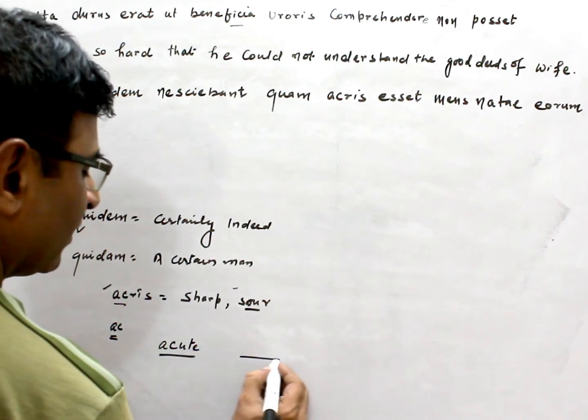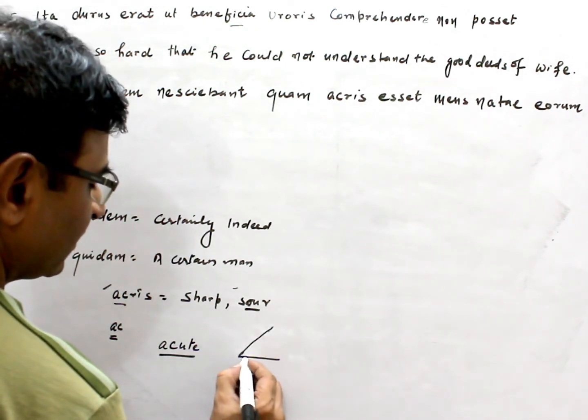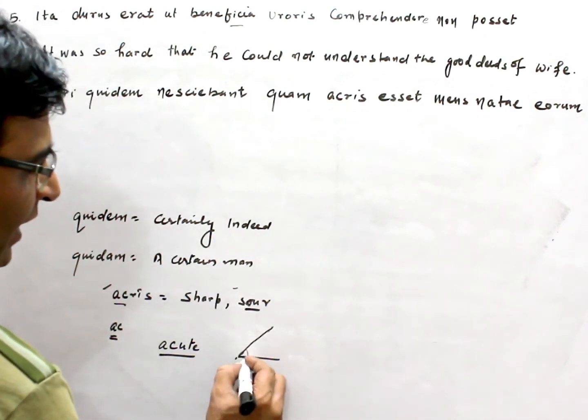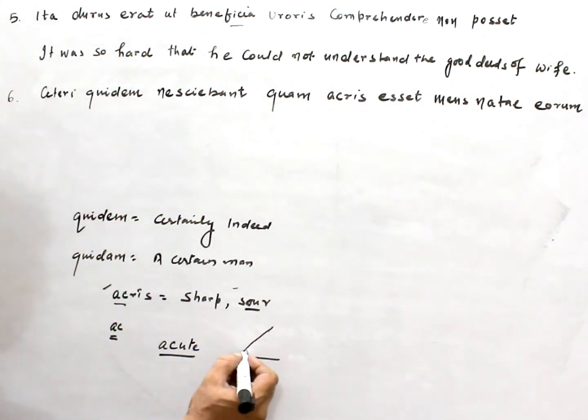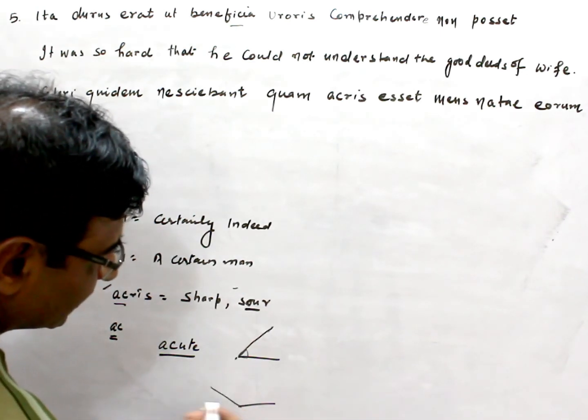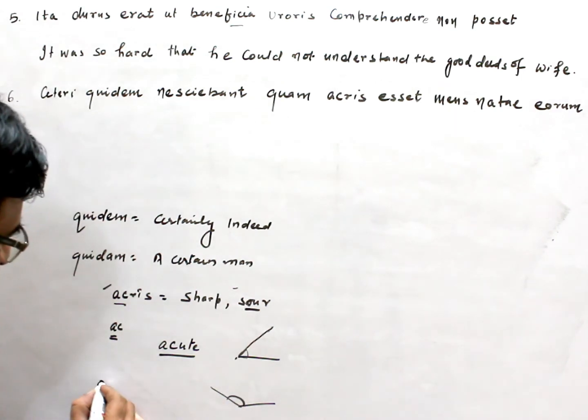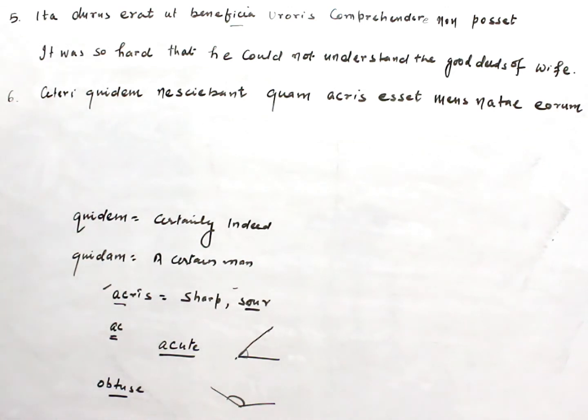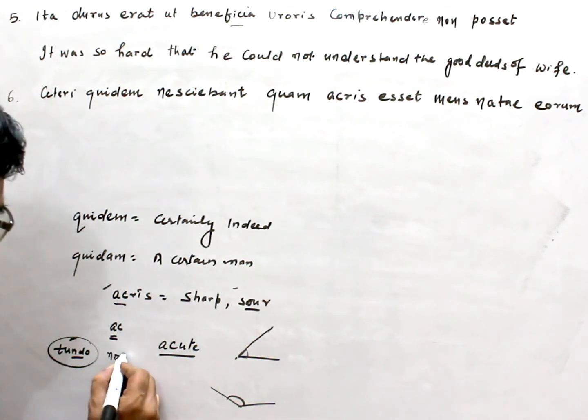Acute means something which is very sharp like this. And in angle also we can say this is acute angle, and if I draw this, then this angle we say obtuse. In English we say obtuse, and in Hindi also we use tunda. Tunda means which is not sharp.